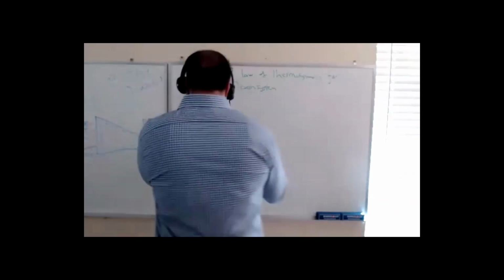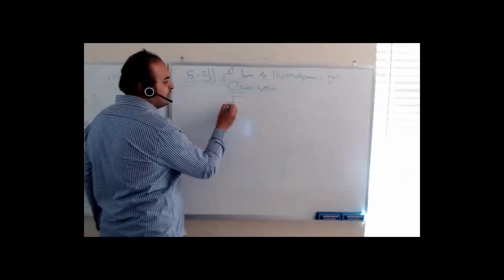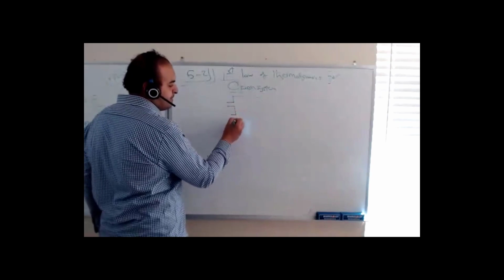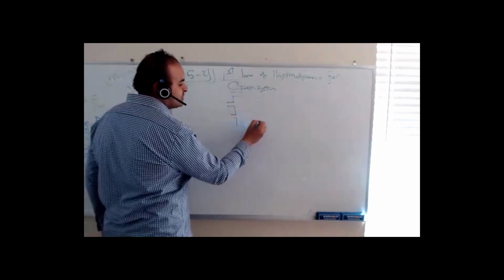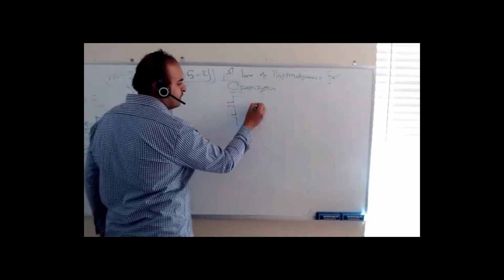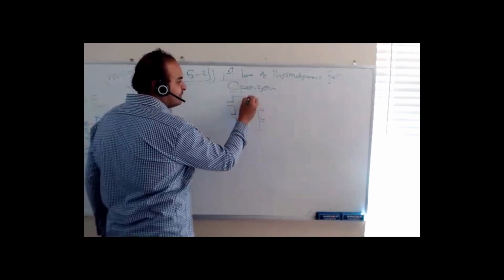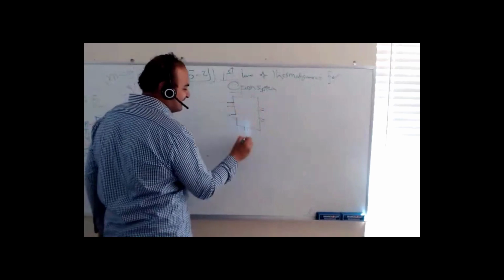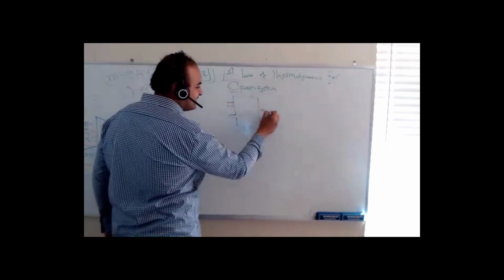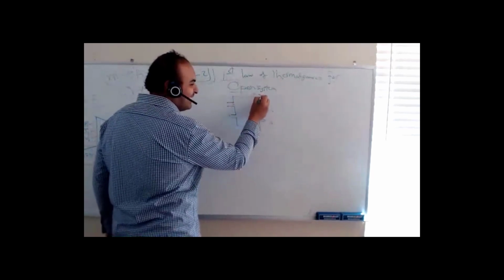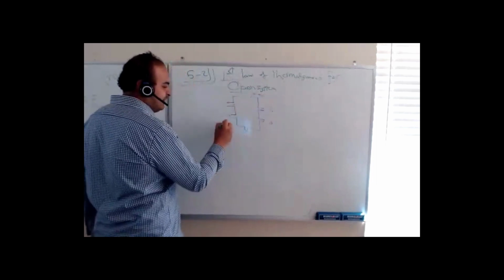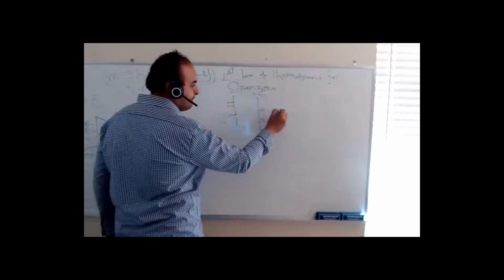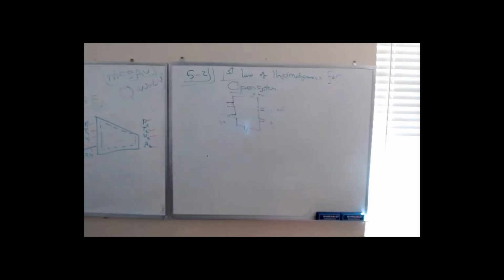So if you have a system, again, with some inputs and some outputs. No problem. We have some inputs, we have some outputs. This is an input, let's say, this is an output to a system.